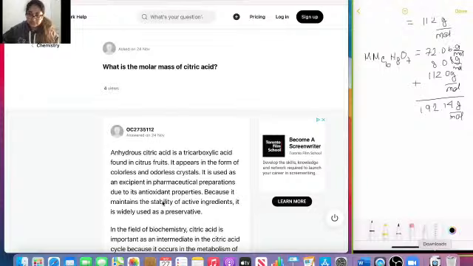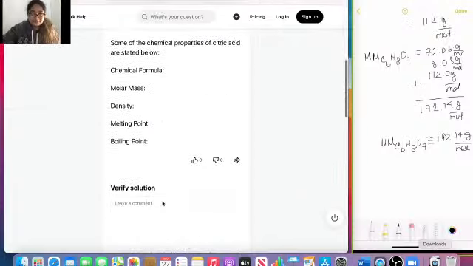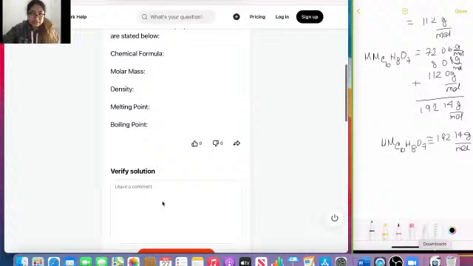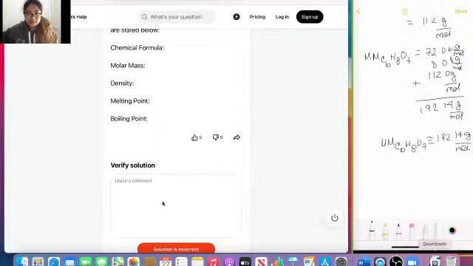So the molar mass of C6H8O7 is approximately 192.14 grams per mole. And so yes, the molar mass is this, and the chemical formula is C6H8O7.